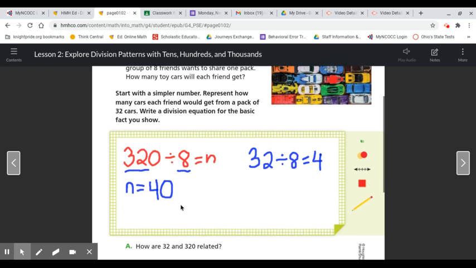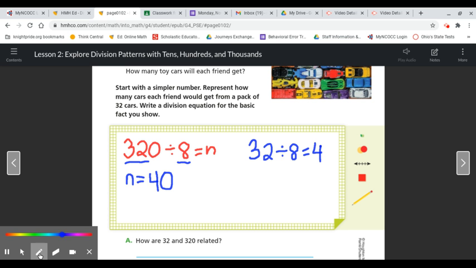Now think through how division is the inverse operation of multiplication. So you could even check your work and see, okay, if 8 friends each got 40 cars, 40 was our answer that we came up with, how many cars would there be in total?